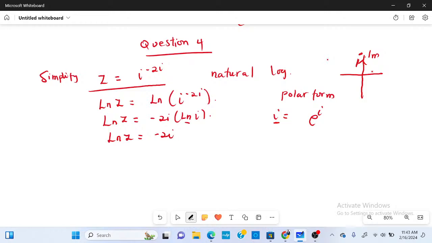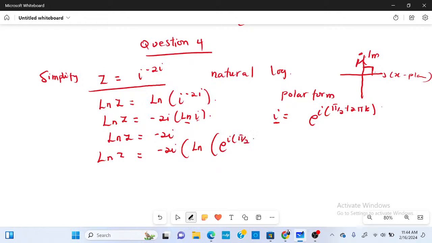And its argument is simply 90 degrees from the x axis, so we simply get pi on 2. But we have to apply the extended argument 2 pi k. So once I have this expression, I can simply substitute for i with this whole expression. So my ln z is equal to negative 2i times ln of the expression e to the power i(pi/2 + 2 pi k).